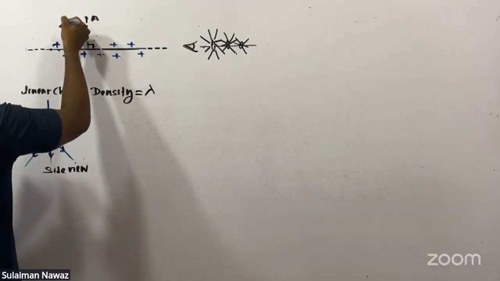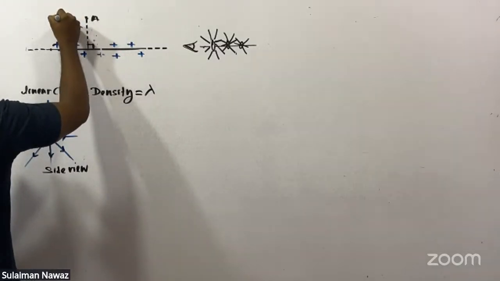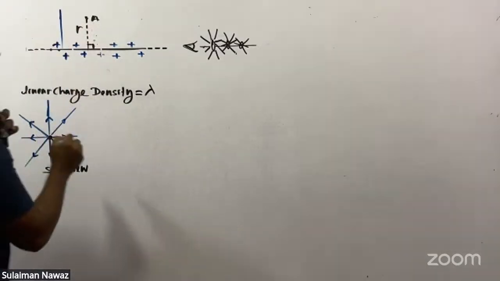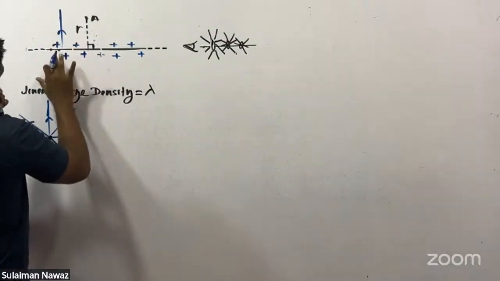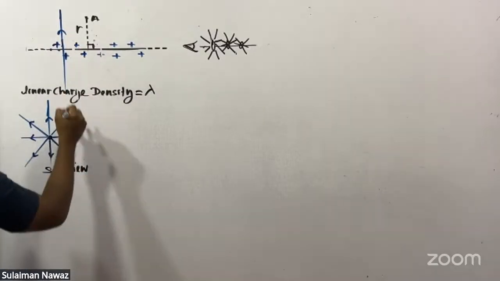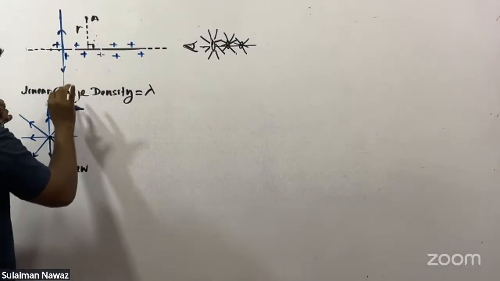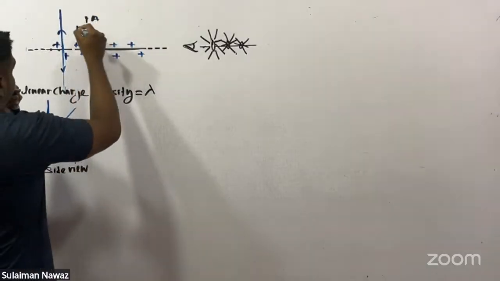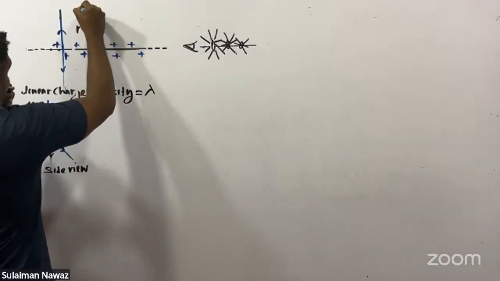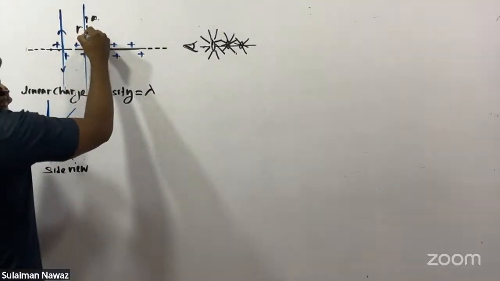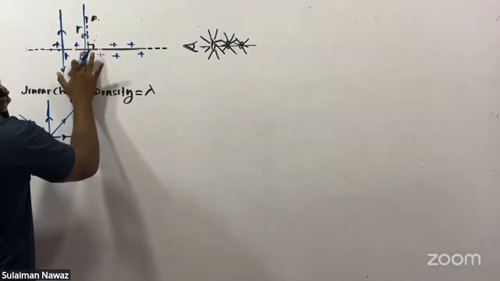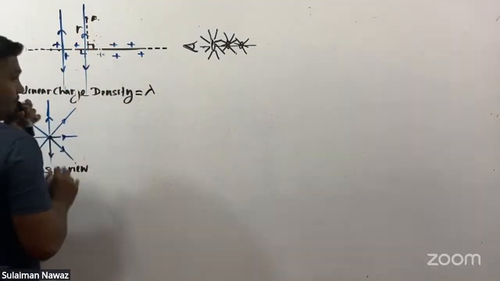Electric field lines leave the wire perpendicularly.